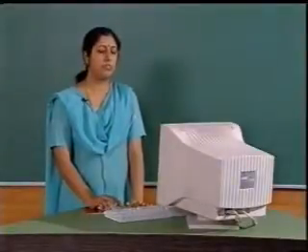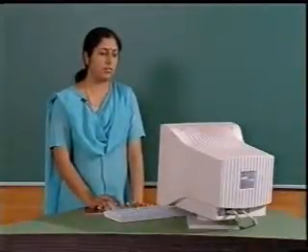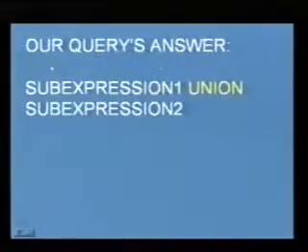This particular relational algebra expression will give us the employee numbers of those in the computer science department. And finally, our query's answer will be sub-expression 1 united with sub-expression 2 using the union operation. This will precisely give us the set of employee numbers who have their salary greater than 2000 or belong to computer science department.